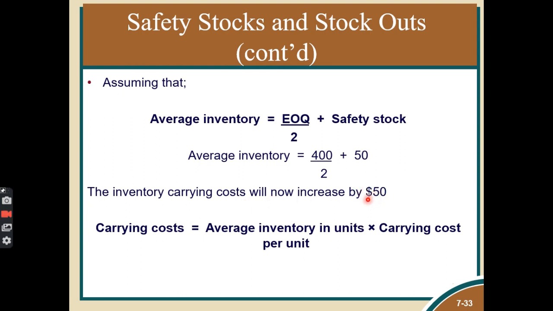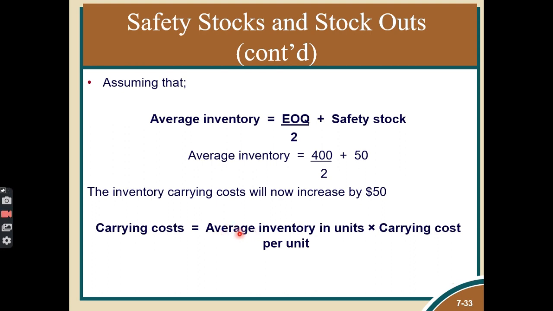With this, if it is going to increase by $50, what we need to do is to make sure that we are going to recuperate, or offset, this particular cost with the additional sales that we are going to generate later on. So how are we able to compute the carrying cost?